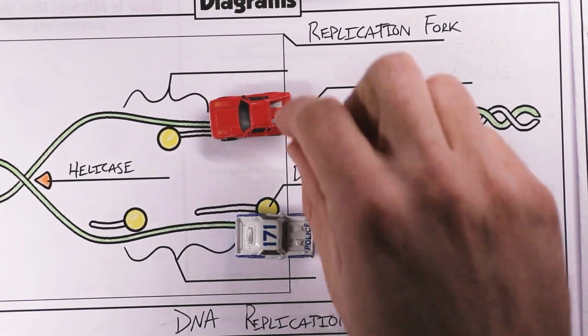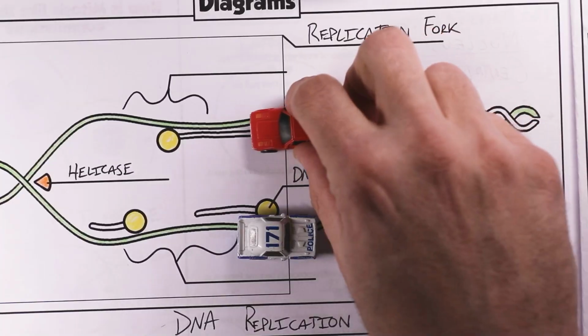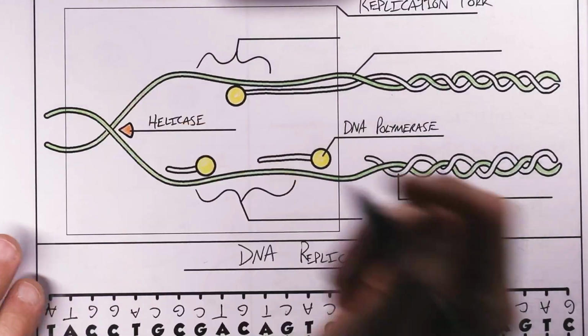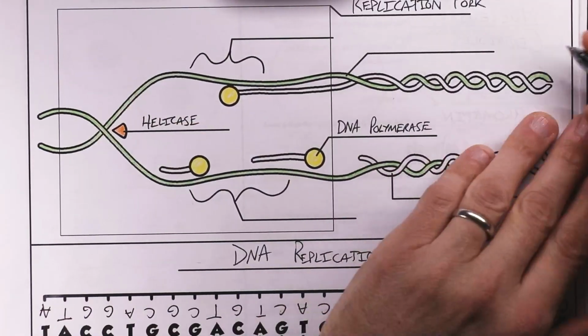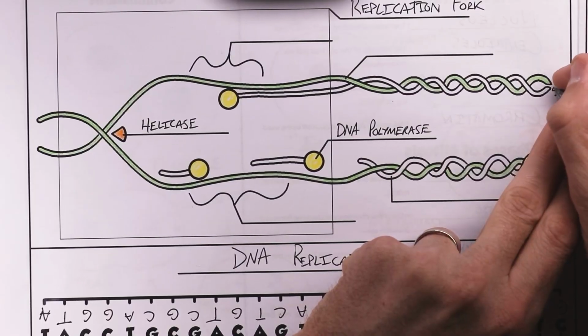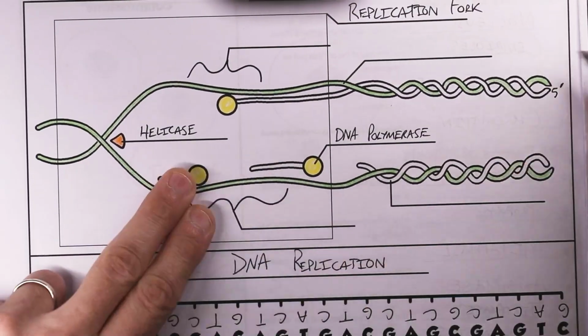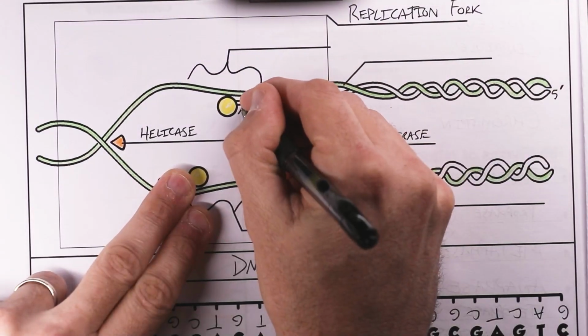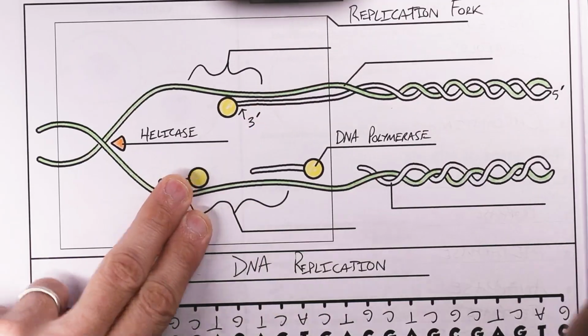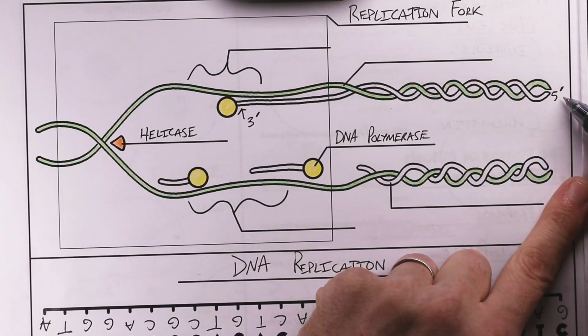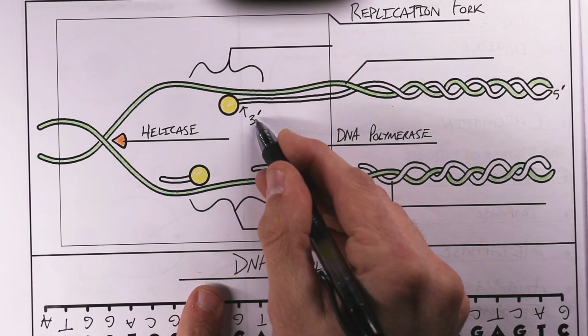So it turns out DNA polymerase can only drive in one direction. So the DNA molecule on this end that's being built is called 5', and on this end that's being built, like right there, is 3'. And that's like saying the far away end and the close-up end.